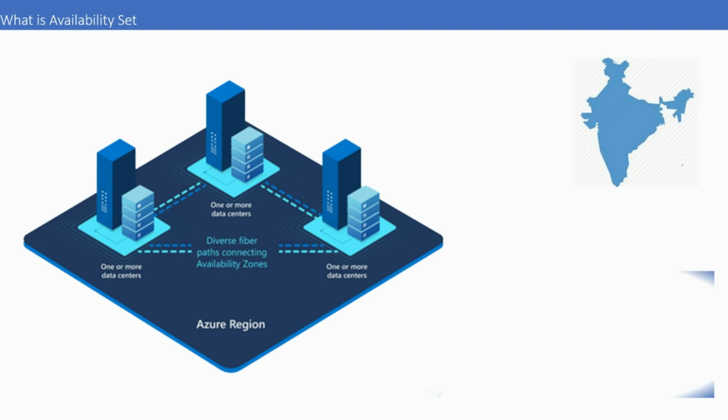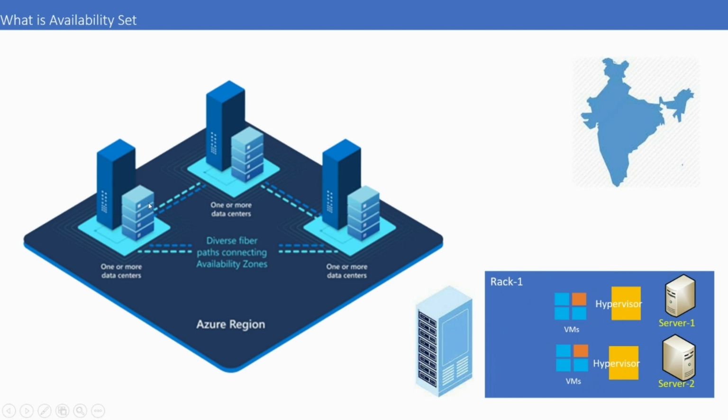Now, these data centers, as I mentioned earlier, have their own racks, and each rack can house multiple servers. Every server has hypervisor software, and every hypervisor can have one or more virtual machines.